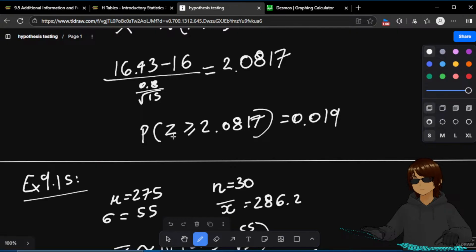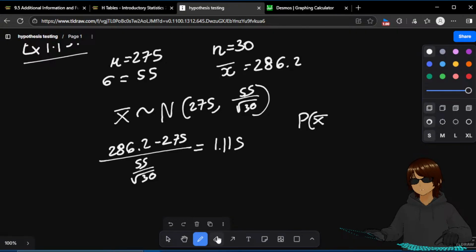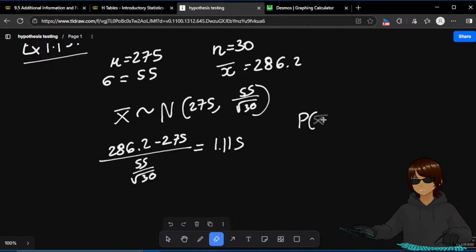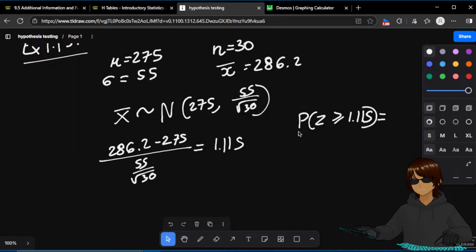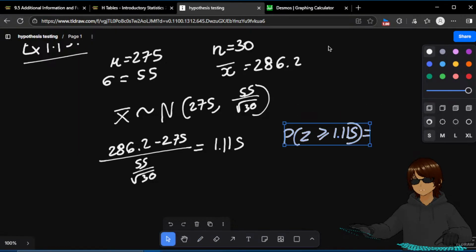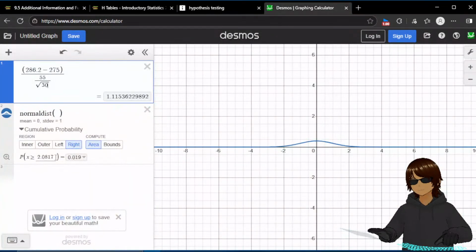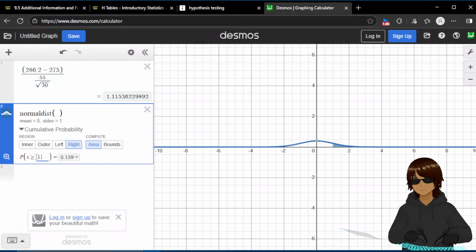Probability that z is more than or equal to this. By z I mean the normal distribution with mean 0 and standard deviation 1. The probability of this is 0.132.